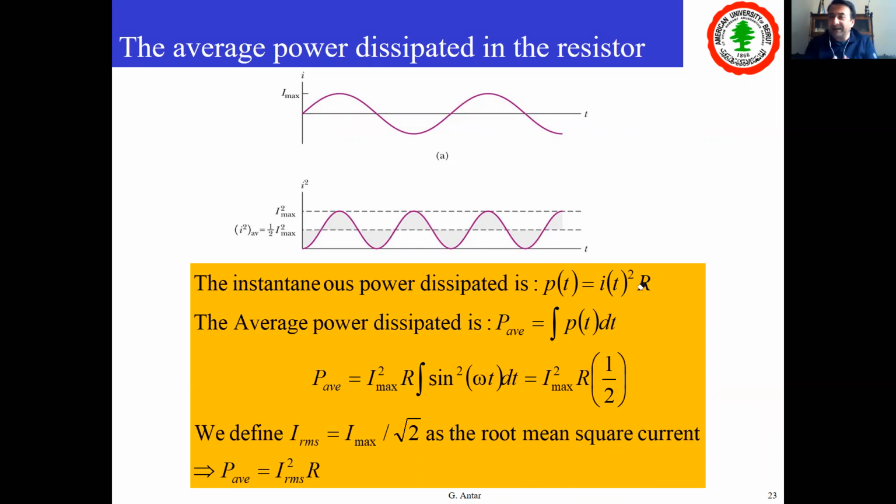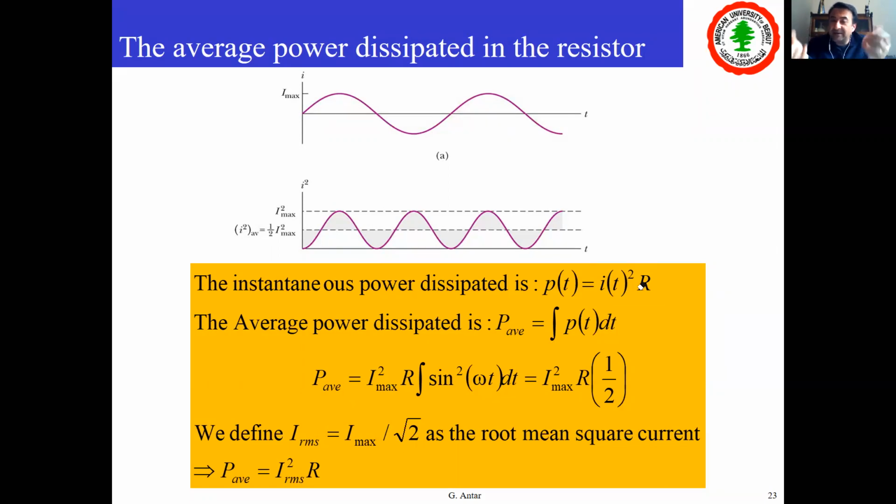Remember that the capacitor stores electrical energy and the inductor stores magnetic energy. So during this AC signal, the capacitor and the inductor are always storing and releasing energy. The only component which is actually dissipating, losing energy, is the resistor. So consequently, the power P of t is equal to I squared multiplied by R.